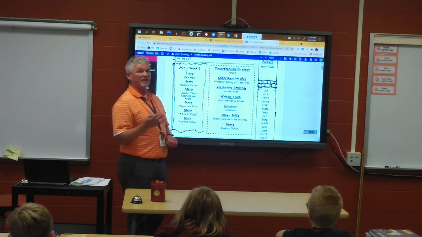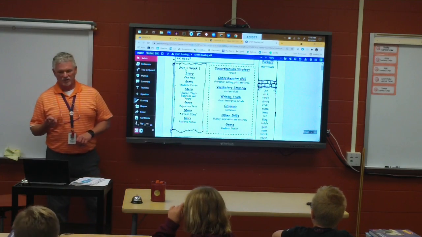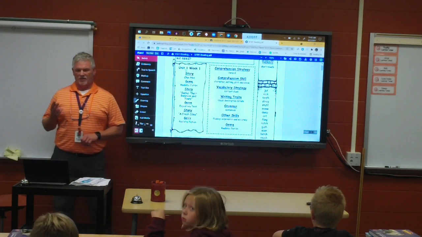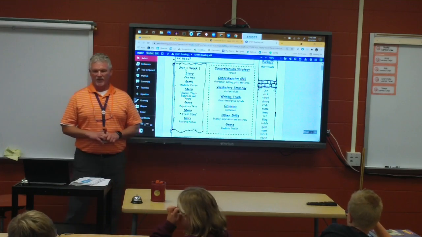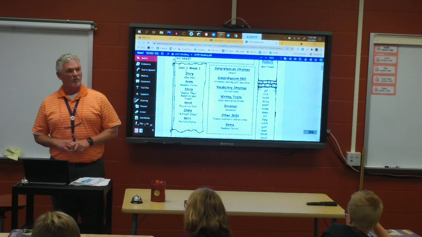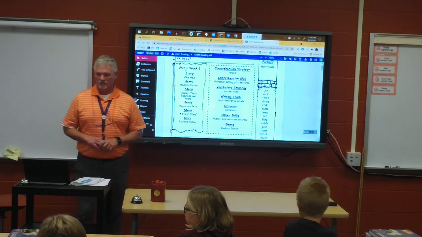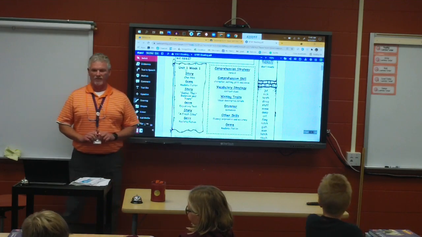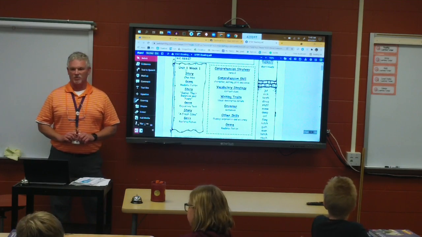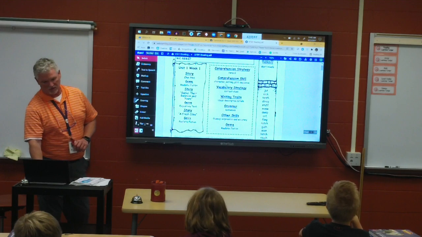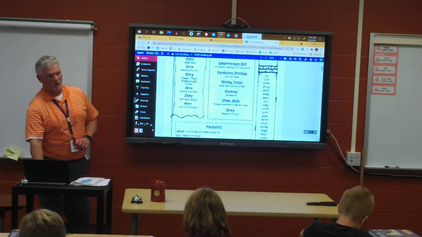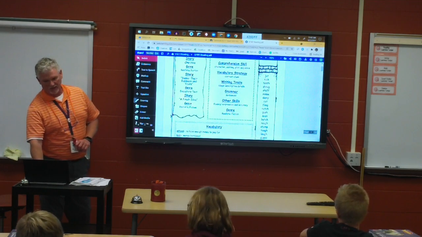It tells you the secondary story, which is Banks, and its genre, expository text. I believe it tells you the story in the anthology, which is A Fresh Start, and that genre as well. It tells you our strategies, our skills, our writing traits, what we're going to be working on with grammar, and everything else.